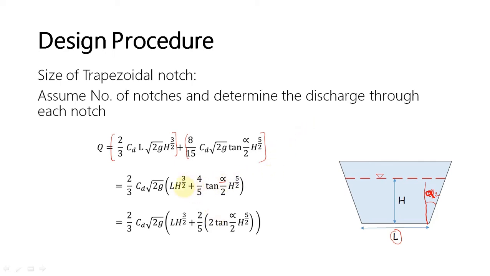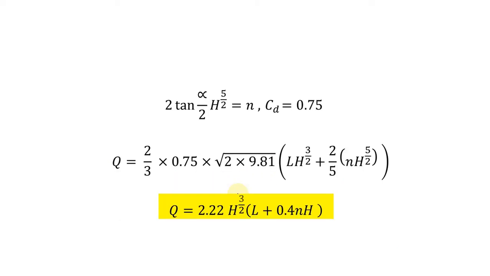Here, if you replace 2 tan alpha by 2 with n, and generally for a trapezoidal notch you take the Cd value as 0.75, then the discharge equation will be Q equals 2.22 h power 3 by 2 times (L plus 0.4 n h). This equation is valid only when Cd is 0.75.